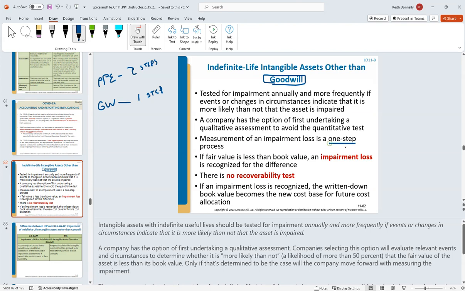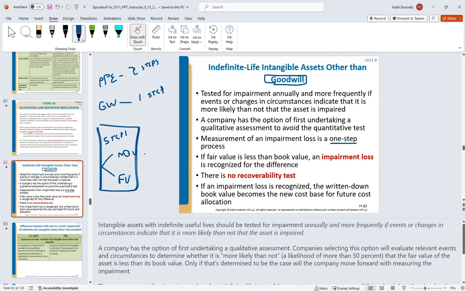Essentially, it's going to be a 1-step process. We are going to compare the net book value with the fair value. Step 1. That's it for goodwill.